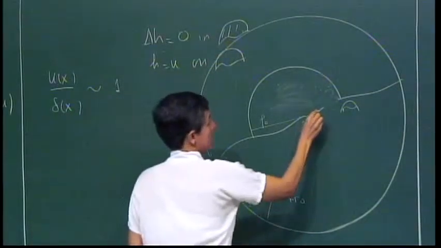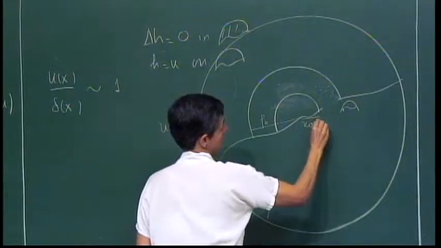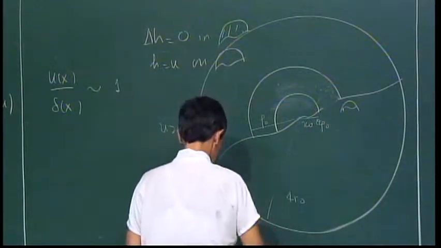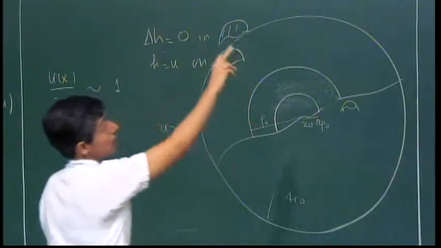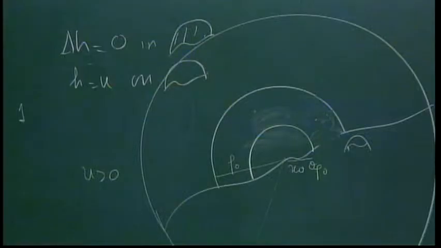And what happens is if I go to a slightly smaller ball, so this thing here is theta rho 0, then I have this relationship. h of x is comparable with u of x, and I can make it as close as I want, okay?